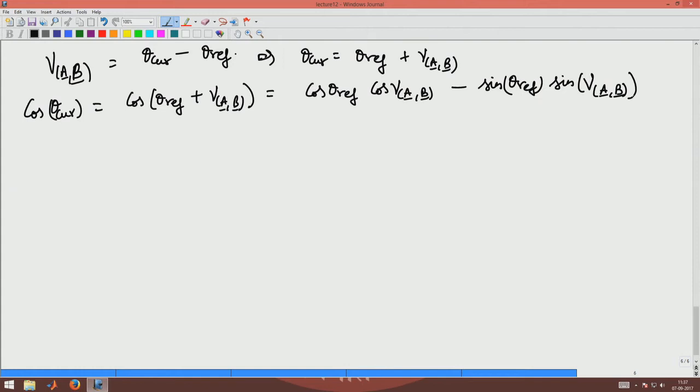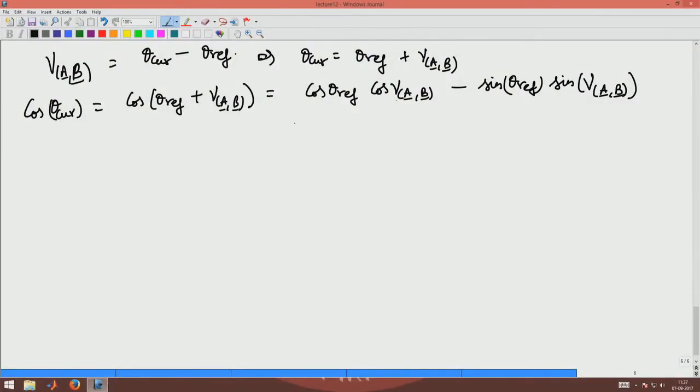Okay. Now, what we know is, we know cos of theta ref, but if gamma A B is small, say less than 2 degrees, then what can I say? Cos of gamma A B is close to, what will be cos of gamma A B?